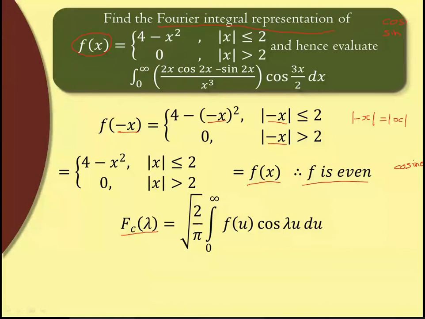So now make use of the definition. Just look at the given function. Instead of x, we have the u term, so wherever there is an x, replace it by u. Now, the integration is from 0 to infinity, and here the function is defined in different intervals. Less than or equal to 2 means from 0 up to 2, it takes the value 4 - x².